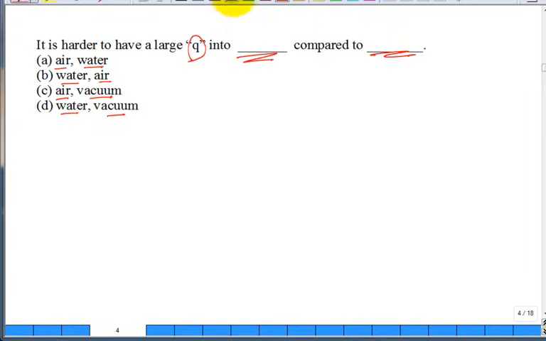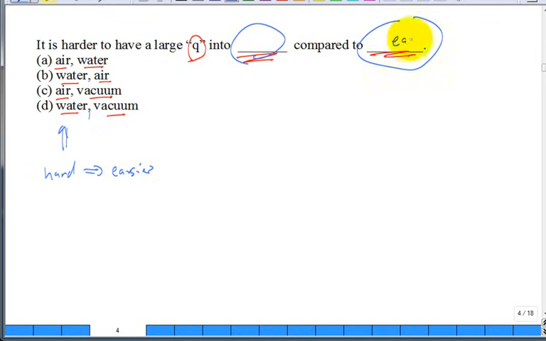I know this is a difficult wording, but the way it's worded, is it true that everything before the comma is hard to dump the heat into compared to what comes after the comma, which is easier? That's really what it's saying. It is harder to have a large heat transfer into blank than to blank, meaning the second is easier.